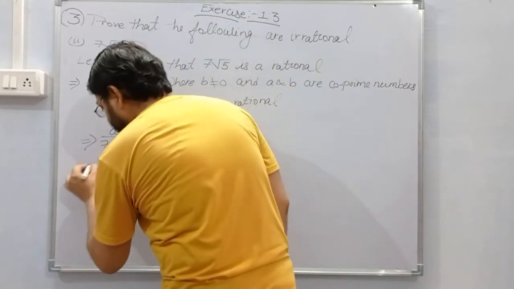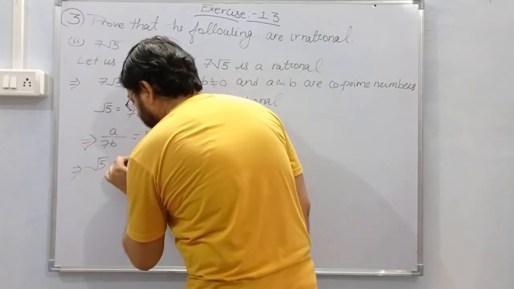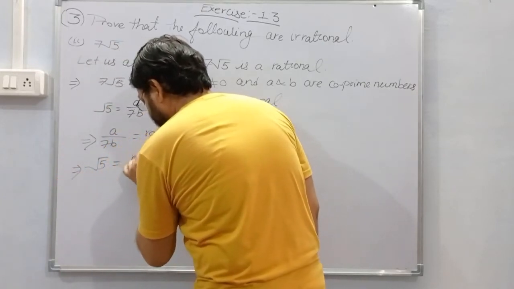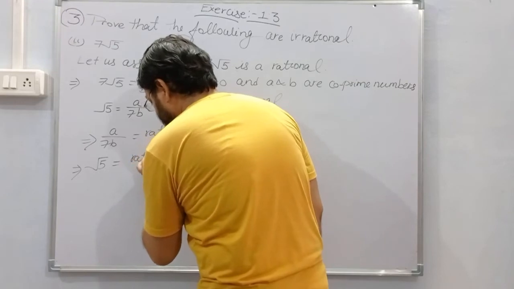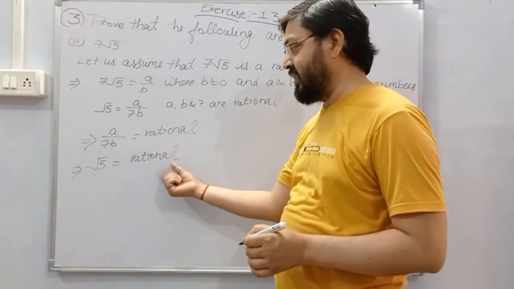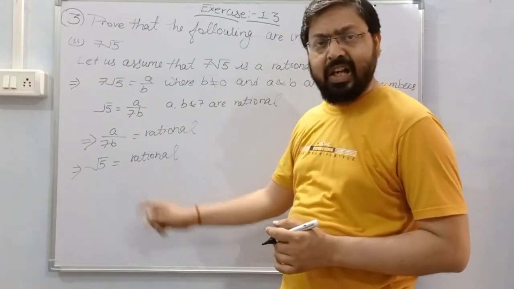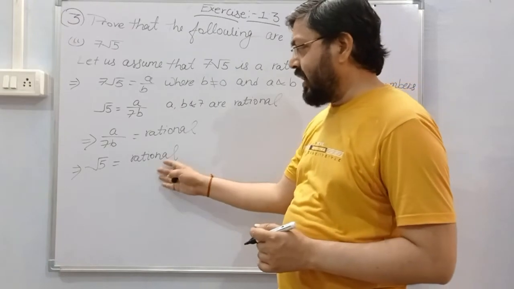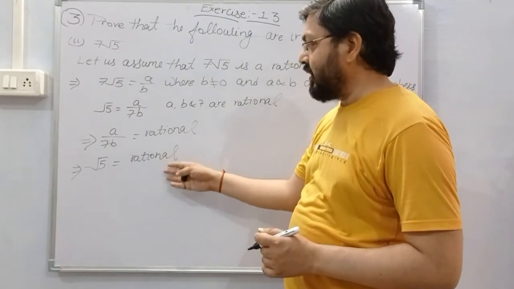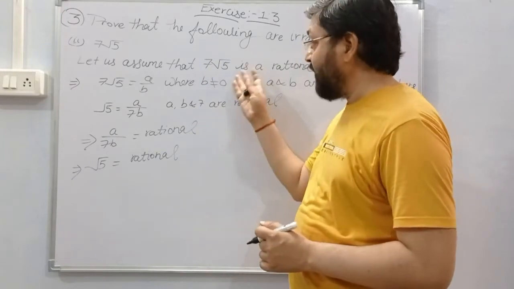It means root 5 is rational? No, it can't be possible, because we know the fact that root 5 is irrational, and this thing arises because of our assumption which we made above.